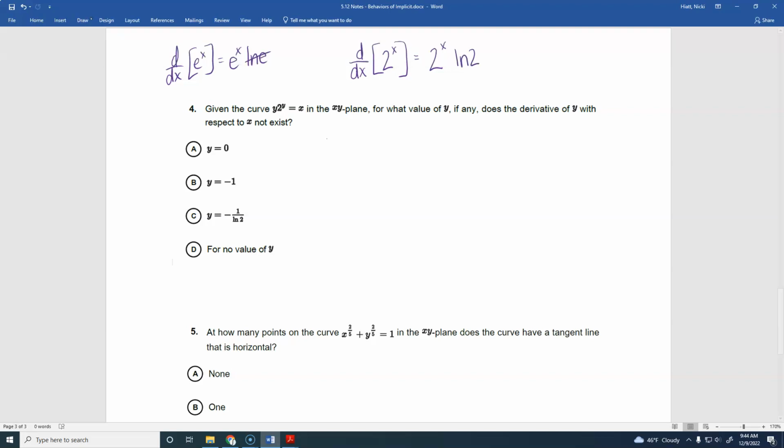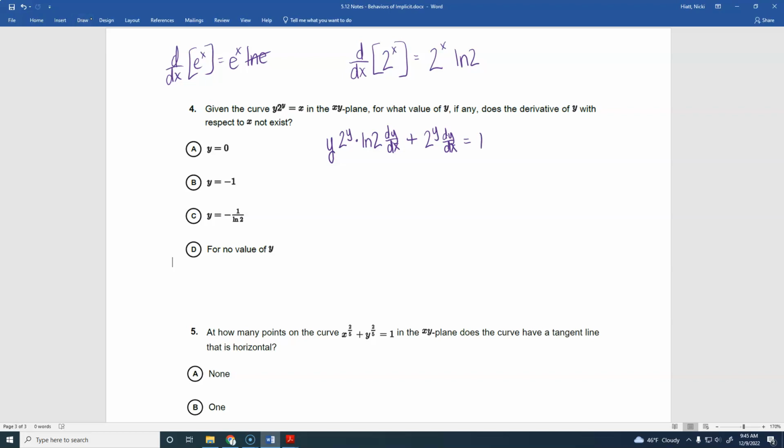So I've got to do y times the derivative of 2 to the y, which is going to be 2 to the y times natural log of 2 times dy/dx, because I just took the derivative of something that had a y with it. Plus 2 to the y times the derivative of y, which is dy/dx. And that will equal the derivative of x, which is just 1.